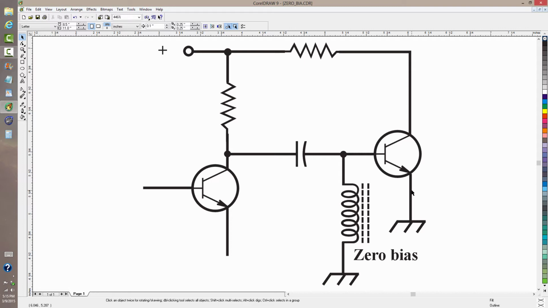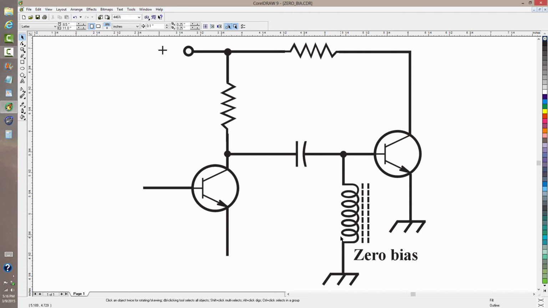In the case of a field effect transistor, this would be the source and this would be the gate. In the case of a vacuum tube, this would be the cathode and this would be the control grid. But zero bias simply means that the bias voltage between this electrode here and this electrode here is zero. They are at the same potential.